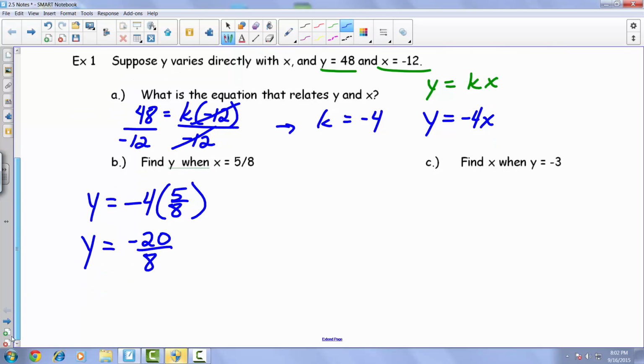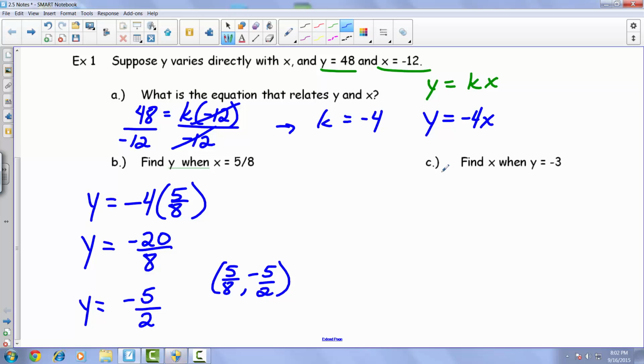Simplifying, dividing the top and bottom both by 4, we end up with negative 5/2. So as a result, that would have to be our y value. Notice too that using direct variation, this creates a point, 5/8, comma, negative 5/2.